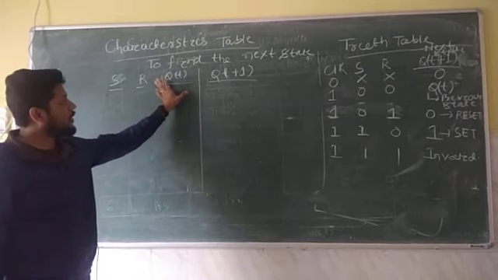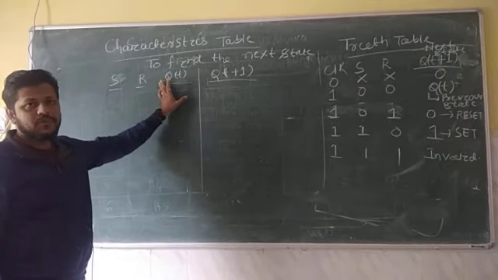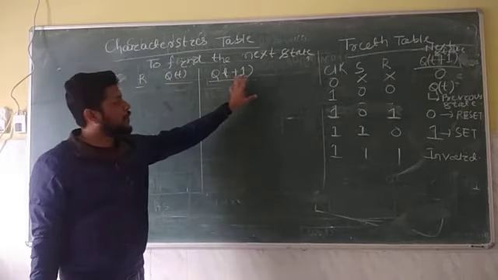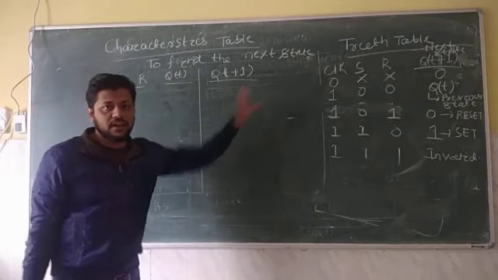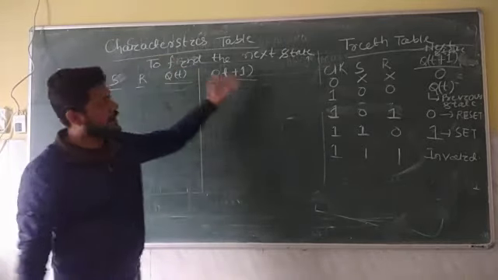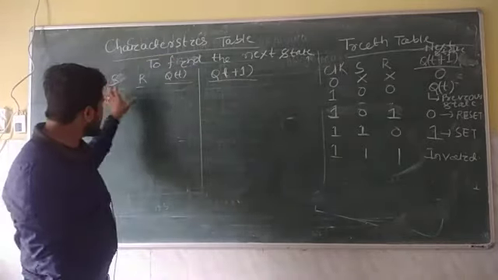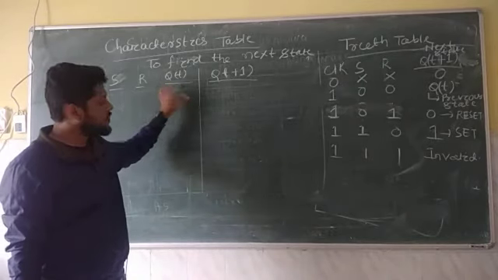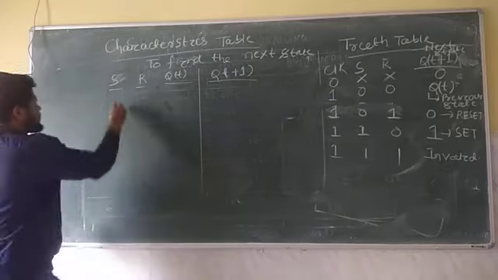You can call this Qt previous output or previous state. Then we have Qt plus 1, your next state. So why is characteristic table required? In order to find the next state in terms of input and previous state.